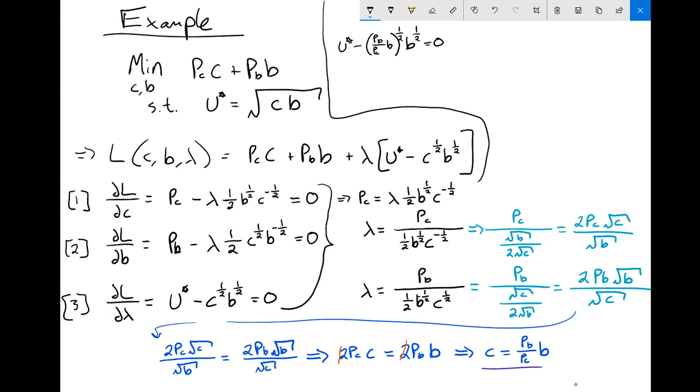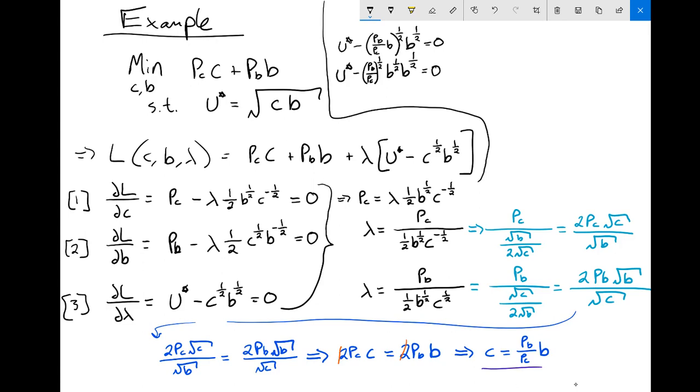Now we're going to solve this for B. Now, how do we do that? Well, let's notice this, PB over PC to the 1/2 times B to the 1/2. We've just distributed this exponent over multiplication, which we can do.